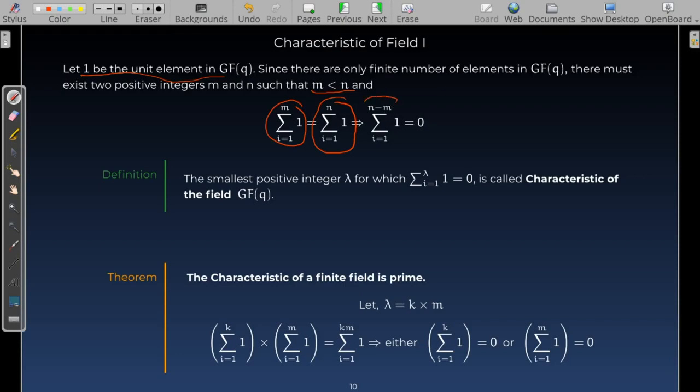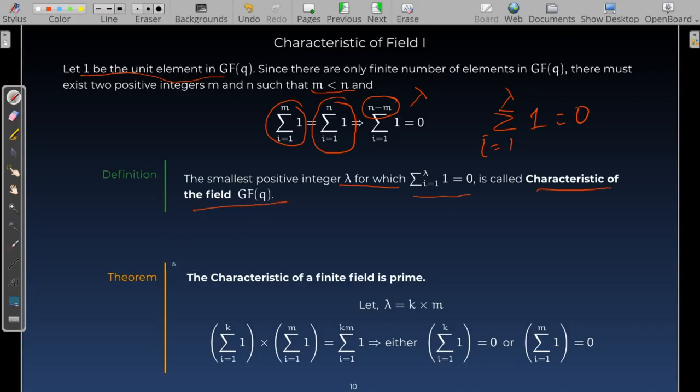So there must exist some positive number lambda, and let's assume that it is the smallest positive value, for which this summation of i = 1 to lambda of 1 must be equal to 0, and this is actually called the characteristic of the field GF(q). So the smallest positive integer lambda for which the summation of i = 1 to lambda of 1 is equal to 0 is called the characteristic of the field GF(q).